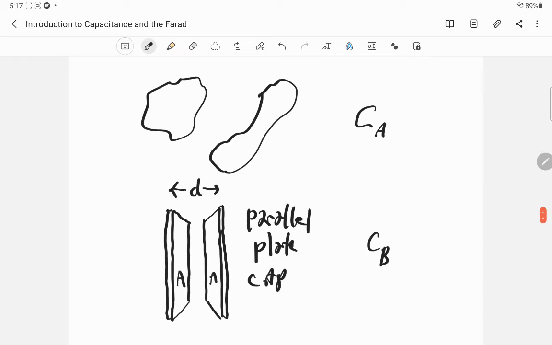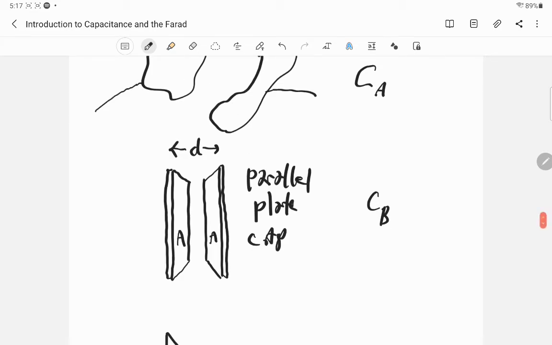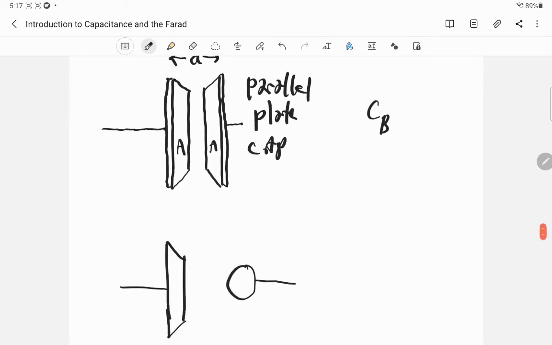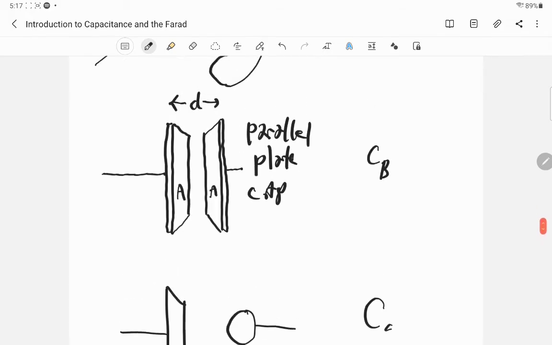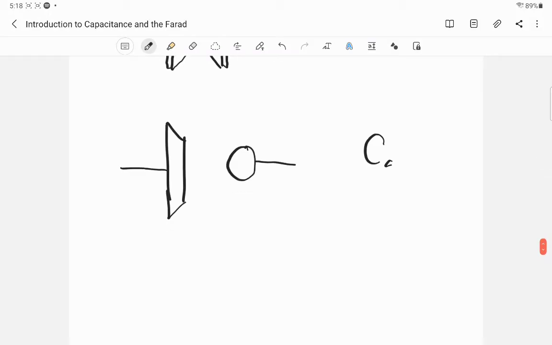You just have 2 pieces of metal, and the way you get to those pieces of metal tends to be along a thin wire. So it tends to be drawn with a wire going to each, but there is no wire between them because they are 2 separate conductors. So this parallel plate capacitor has a wire going into the back of one of them and the wire coming out of the other one. And then here, this third capacitor, capacitor C, has 2 wires going into the back sides like that. So these are different capacitor arrangements.